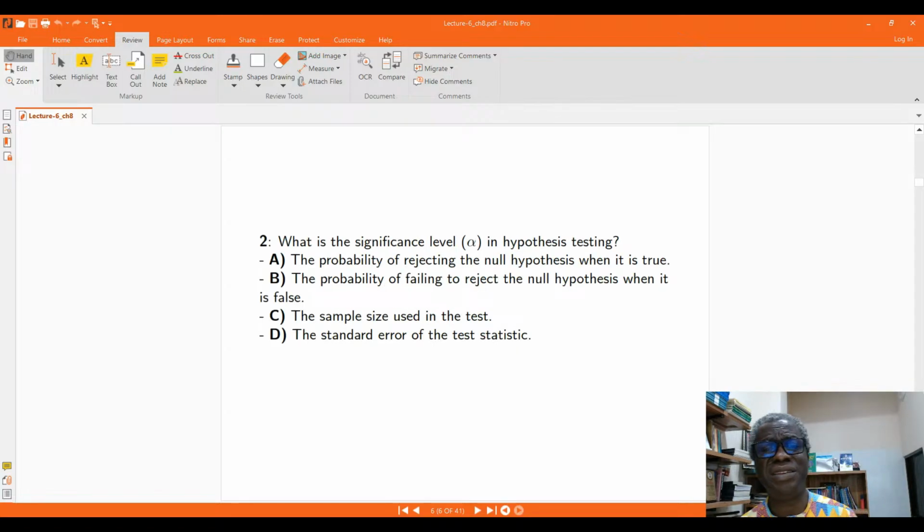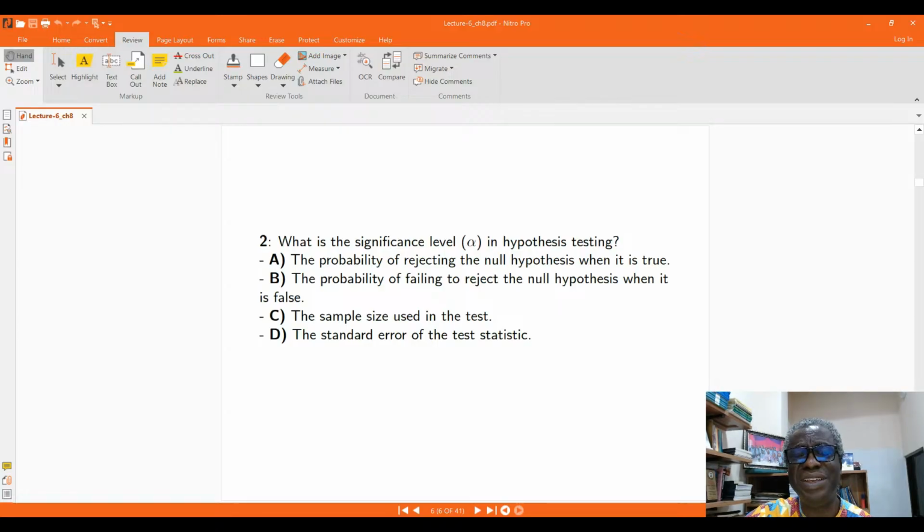The second question is this: what is the significance level in hypothesis testing? A, the probability of rejecting the null hypothesis when it is true.